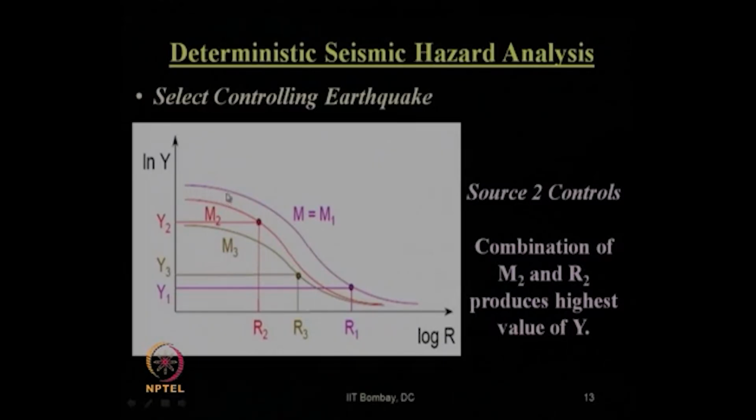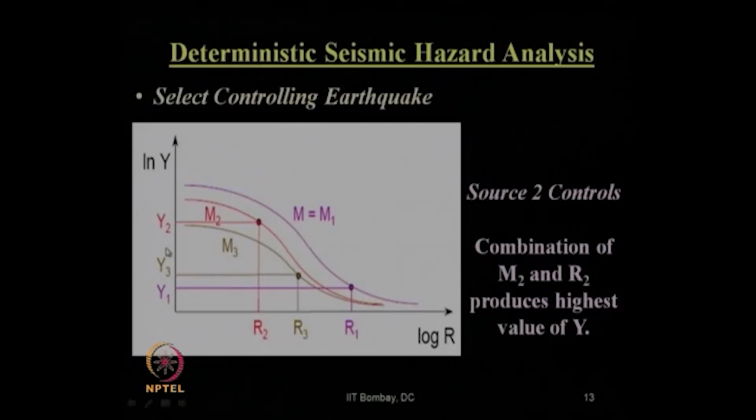So, depending on the attenuation relationship, we know for each of the sources, based on the maximum magnitude for each source, where M1 is the maximum magnitude for source 1, M2 is the maximum magnitude for source 2, M3 is the maximum magnitude for source 3, we have this parameter versus distance relationship.